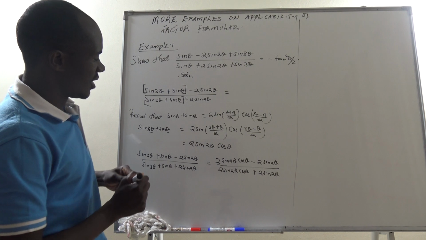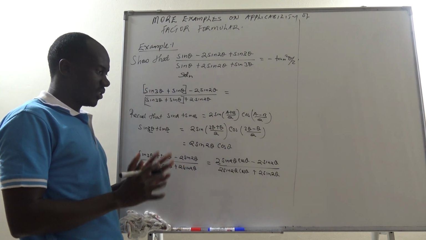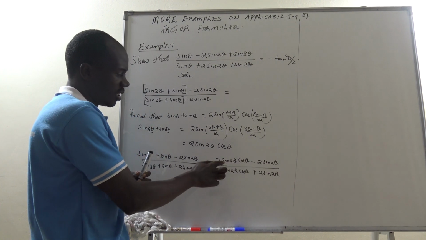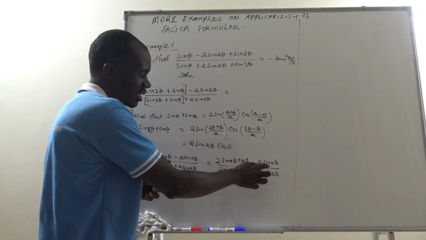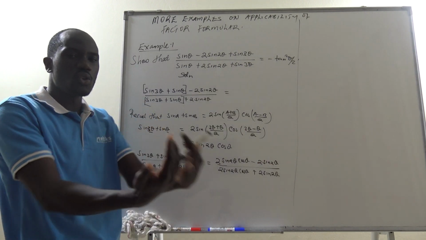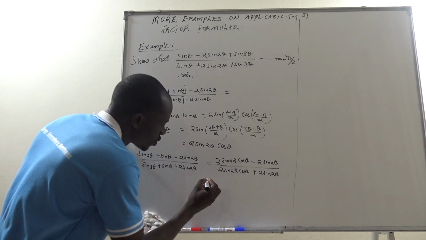Now observe and apply mathematical theories. What is common here and there? I'm seeing sin 2 theta, and again 2 sin 2 theta, so I pull out that one. We factor out what is common.